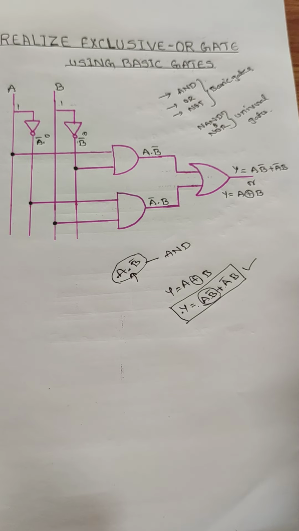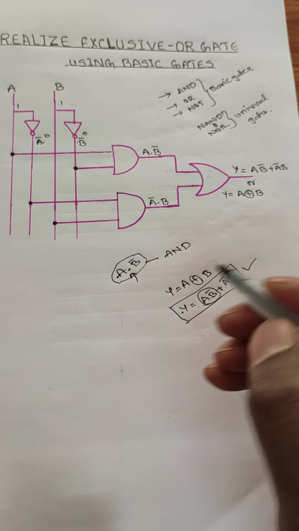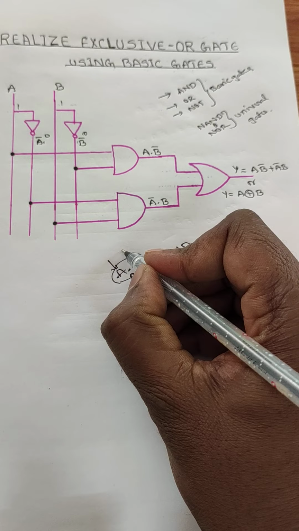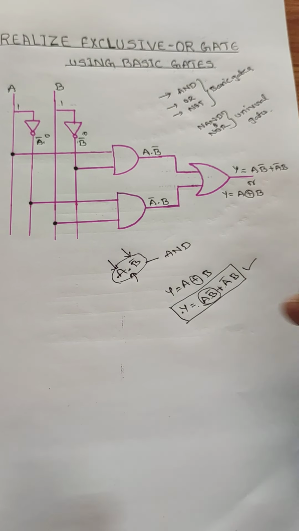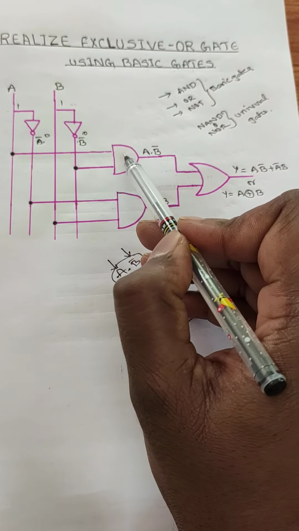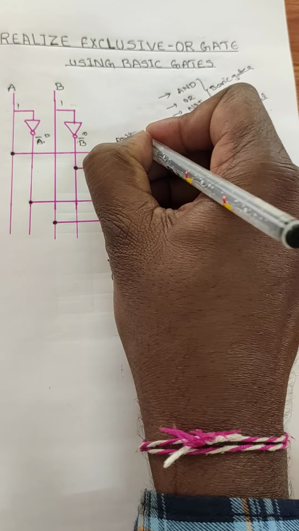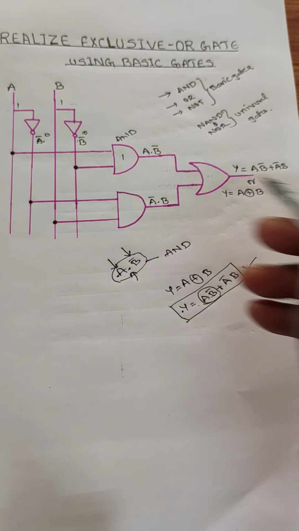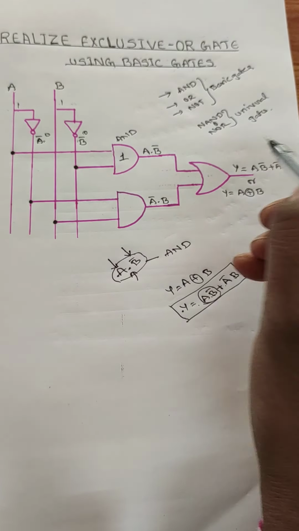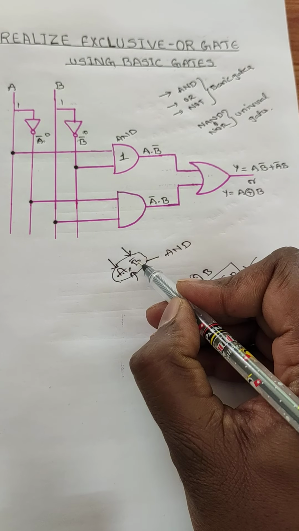One input is A, another input is B bar. So this is the first AND gate, AND gate 1. So first is A dot B bar.